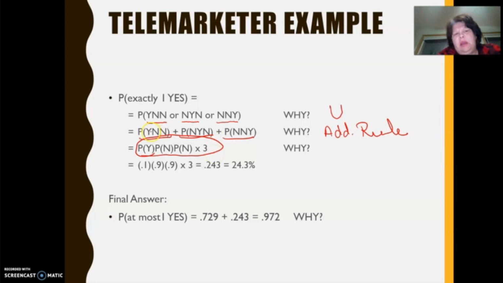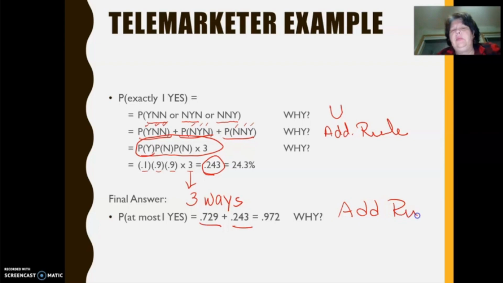Why are they all the same? Well, the yes is 0.1 and the no is 0.9 and the no is 0.9. So it's 0.1, 0.9, 0.9, or 0.9, 0.1, 0.9, or 0.9, 0.9, 0.1, but it's all the same. So it's 0.1, 0.9, 0.9 times 3. 3 ways to do it. And that's 0.243. And you add those 2 together, the no yeses and exactly 1 yes, to get that. So that is an addition rule again.